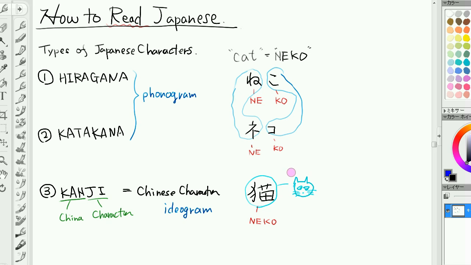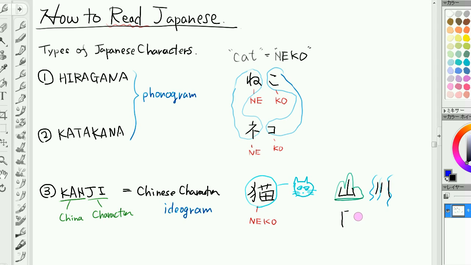And how kanji was made is pretty interesting. For example, how about mountain? In Chinese characters, a mountain is like this, because it came from a picture of a mountain, like that. And other than that, a river or a stream is like that because it came from a drawing of water flowing.